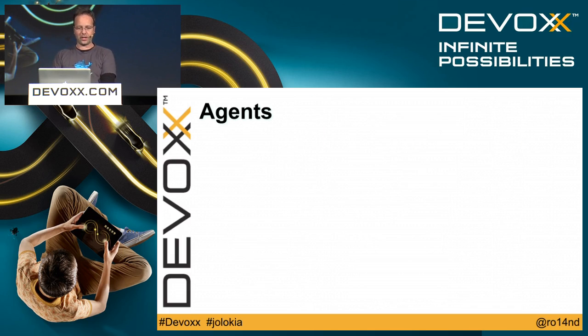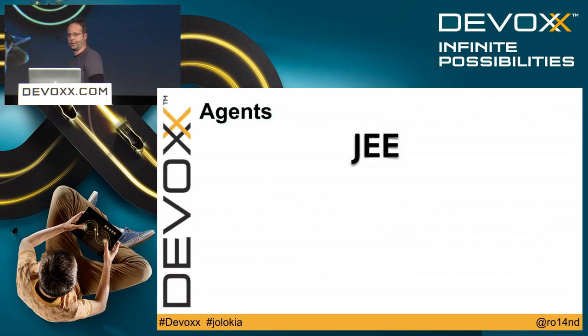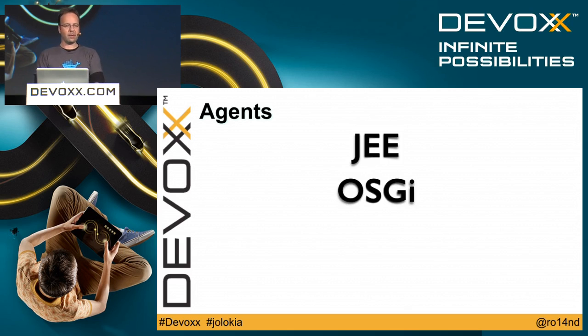Okay, what kind of agents are available? There's one very trivial one. It's a JEE agent. It's a normal WAR file, which you simply deploy into the JEE server or servlet container. And it exports all the information via the usual HTTP connector of the servlet container. Then there is an OSGi bundle, which you can install. This OSGi bundle uses the OSGi HTTP service for exporting this information.